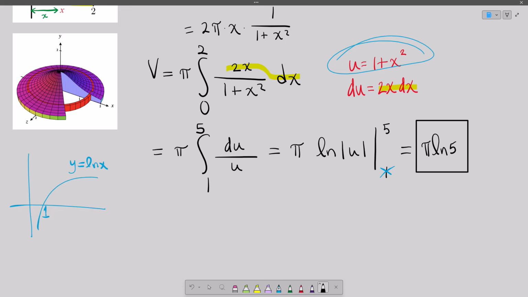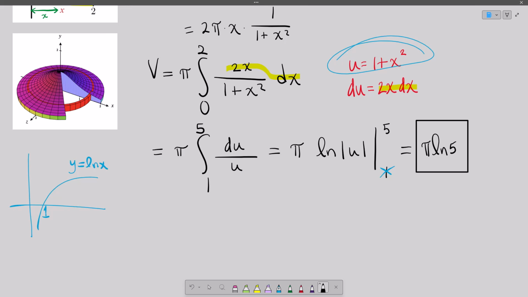I want to point out a feature that is going to become super important throughout the semester. You're going to see it a ton. When you look at this integral, what's the relationship between the denominator and the numerator? The denominator's derivative is the numerator.